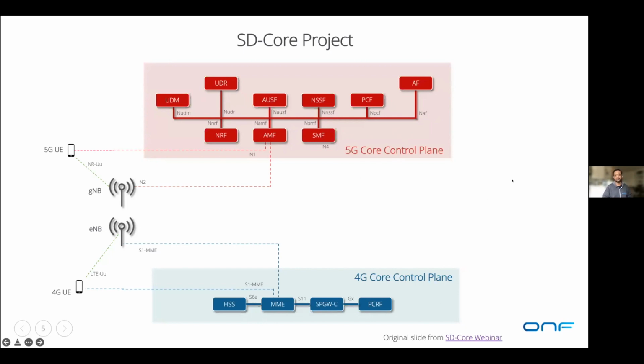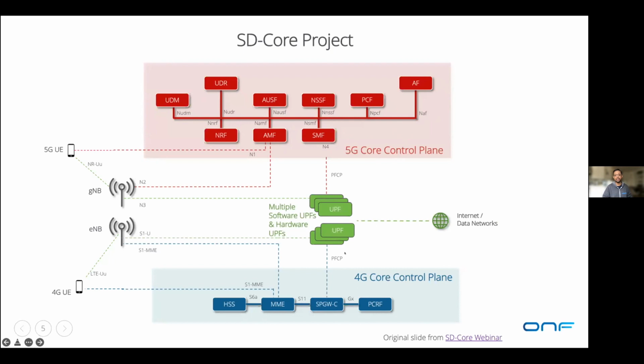What's unique about SD core is that both the 4G and the 5G control plane, using the PFCP protocol, can manage a collection of user plane functions, whether they are software-based UPFs or hardware-based UPFs. I'll talk a little bit more about that, but the best place to go is to use this link to learn more about the SD core project.